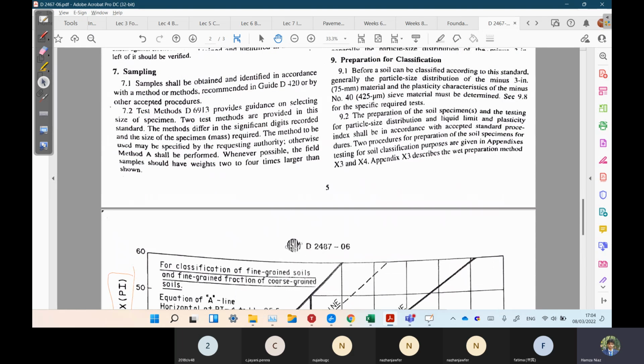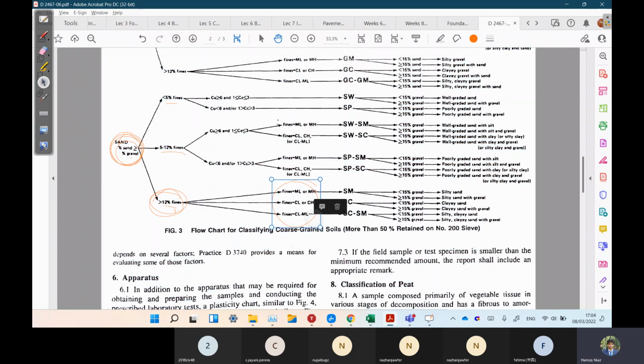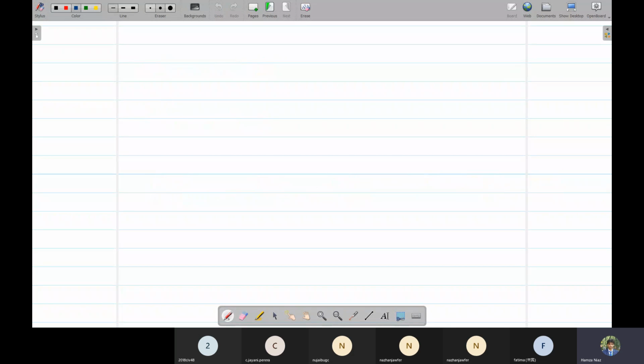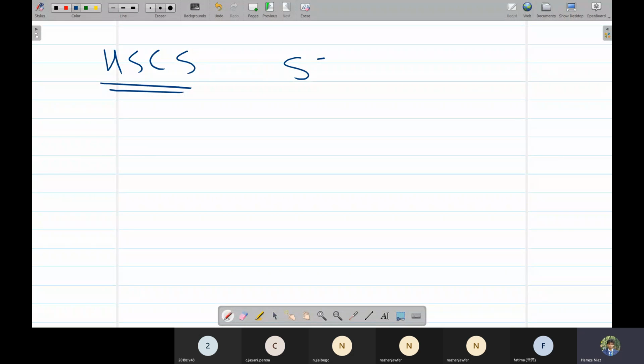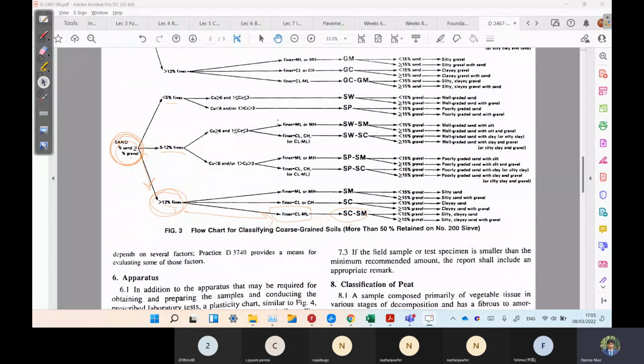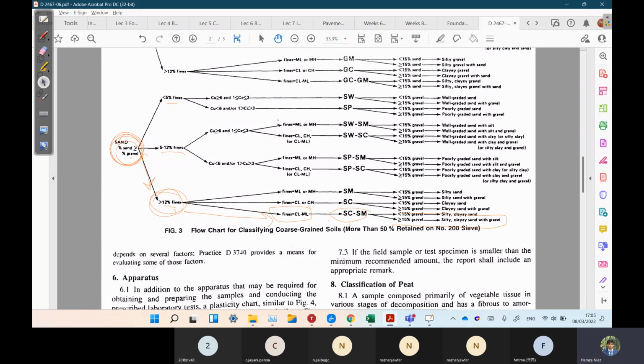If we move backwards, now we know our fines are CL-ML. So our soil classification for USCS, this was the USCS chart, is SC-SM. And we also have to check the gravel percentage, which was 25, so we write this one: greater than 15% gravel.